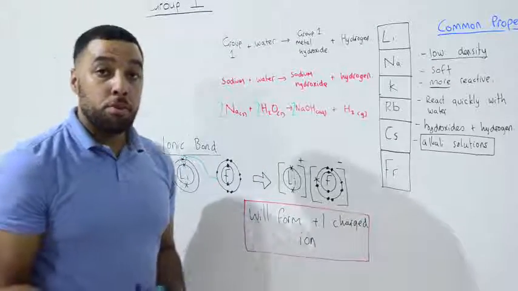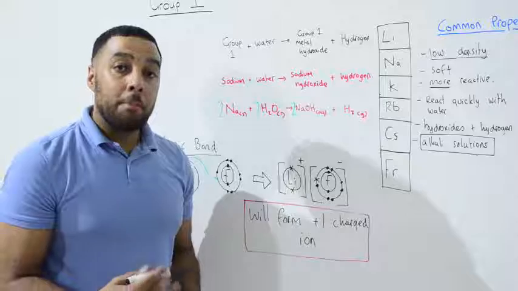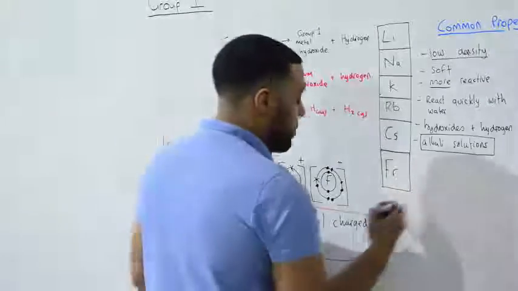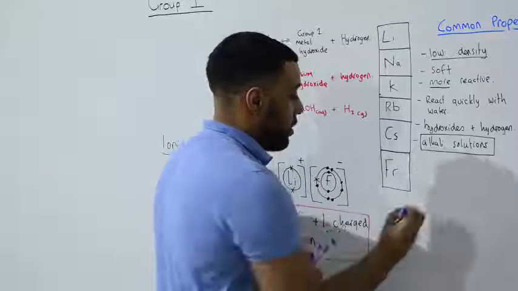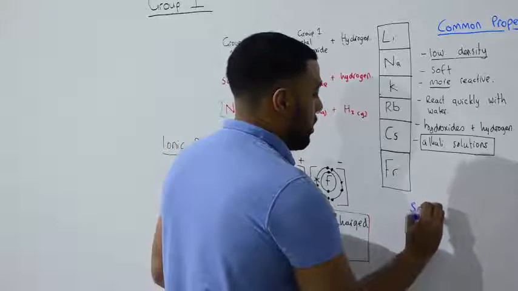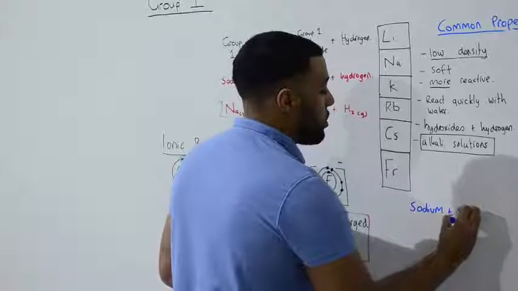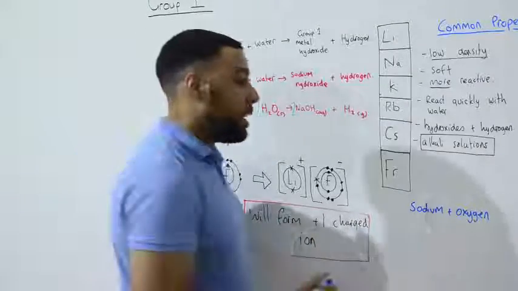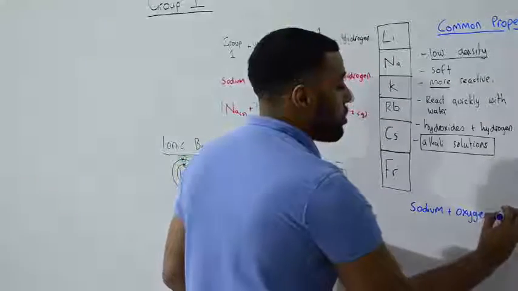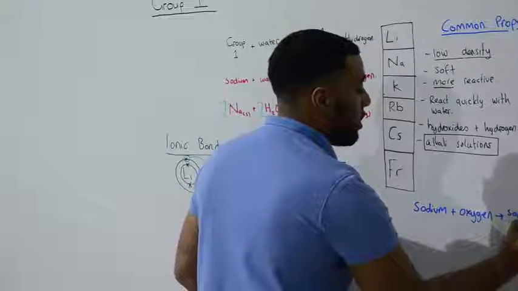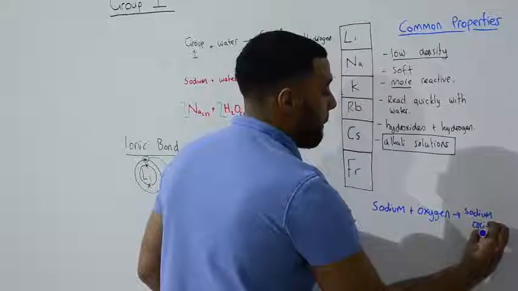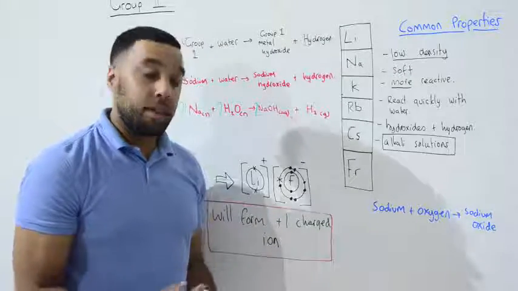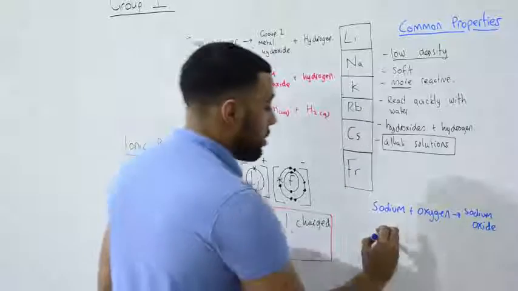These Group 1 metals, especially sodium, can be burnt in air to form a metal oxide. For example, sodium plus oxygen, as that's the gas that we're burning in air, will produce sodium oxide. Again, we can represent this reaction using the symbols.